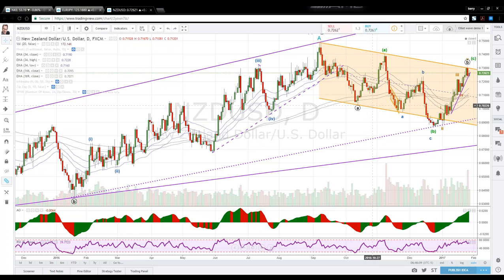You can see the A's, B's, and C's in capitals are the primaries, and then the small letters and small numbers are the subwaves, now in combination with 2 other indicators. Let me turn off some of this stuff so we can get rid of a lot of this garbage on your screen.